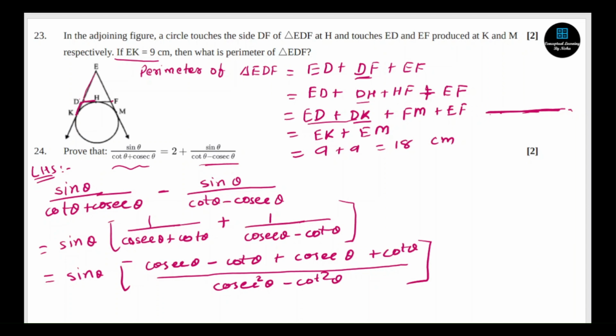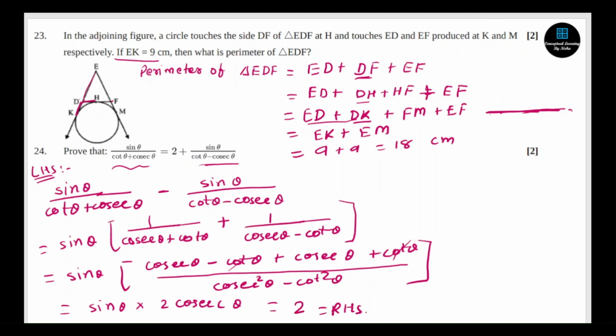Yes, it is 1, and that's why I have written it this way. So I get the denominator as 1. Here cot theta will get cancelled out. So what do we get? Sin theta into 2 cosec theta. And now when we simplify this, cosec theta into sin theta is 1. So we'll get just 2, which is RHS.